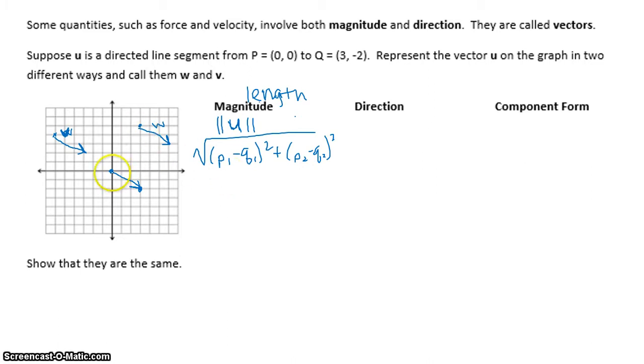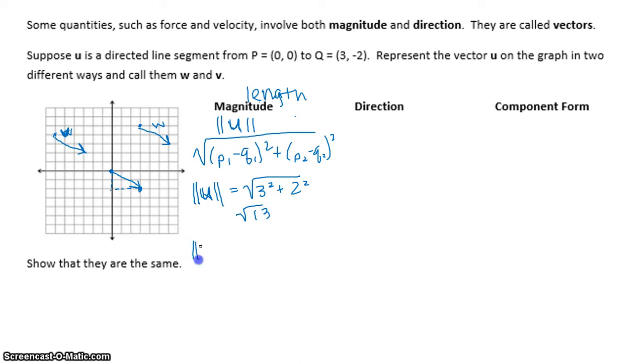If you want to make a right triangle with this line and do the Pythagorean theorem, that is up to you. They are the exact same thing. So when I do this, my difference horizontally is 3, so I have 3 squared, and vertically is 2 squared. So that's going to be the square root of 13.